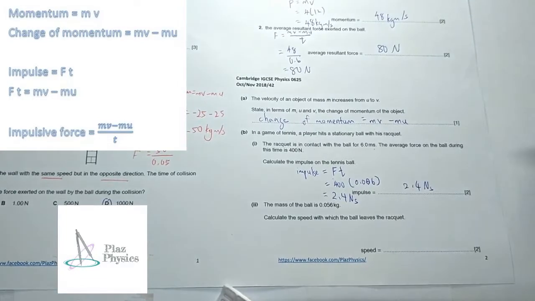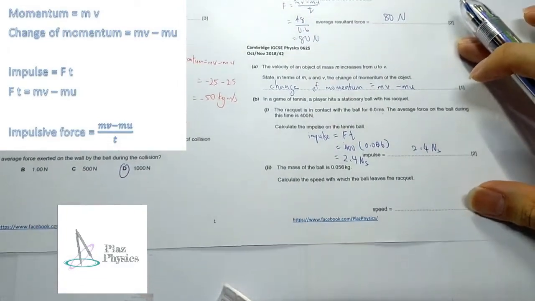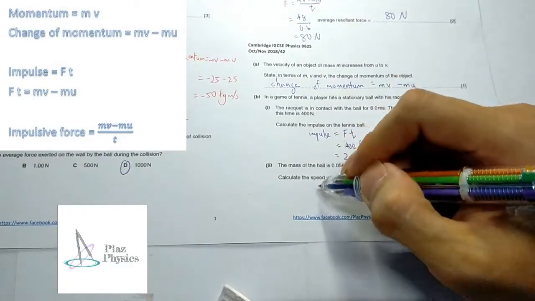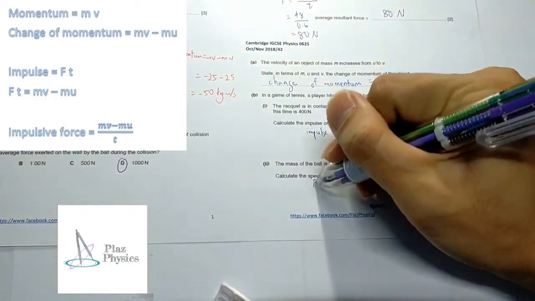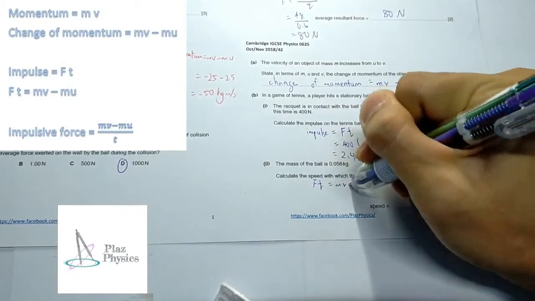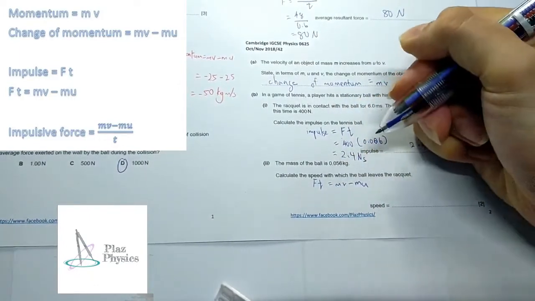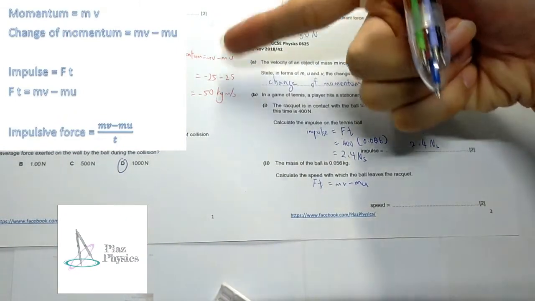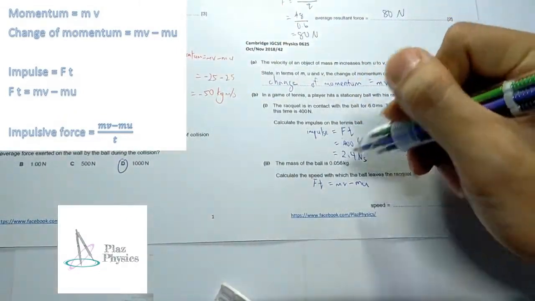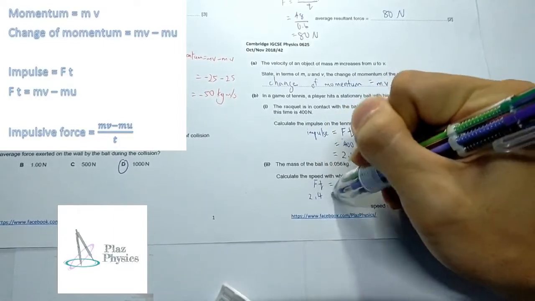Okay, calculate the speed after lifting the racket. This one we need to use Ft equals mv minus mu. So it means that impulse is the same as change of momentum. Impulse we calculated, 2.4.